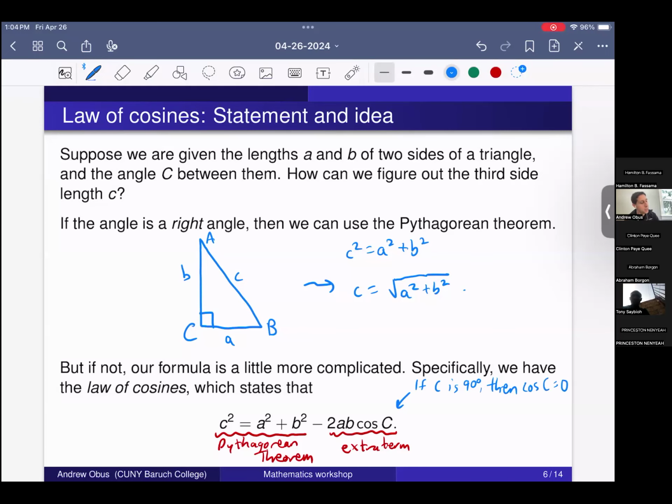Cosine of 90 degrees is 0. And what happens when cosine of C is 0? Then this term disappears, and you're left exactly with the Pythagorean theorem.